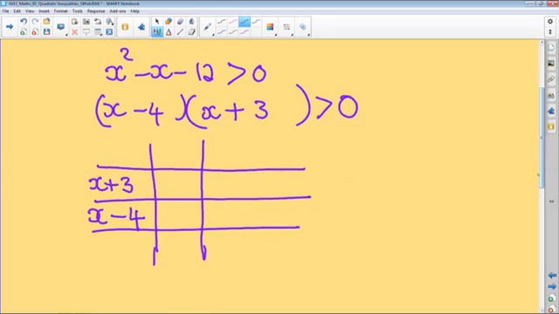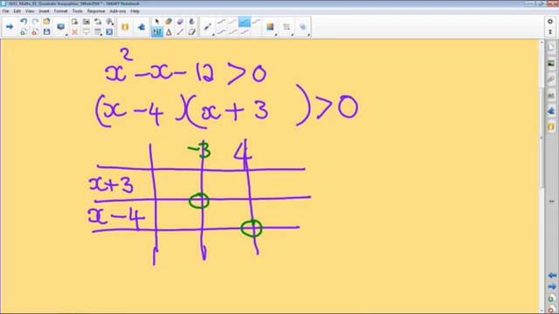If I put minus 3 here, I'm going to get a 0. And then next, you'll have a 4. If I put a 4 here, I'm going to have a 0. Substitute by 4 here, that will be 4 minus 4, that is 0.